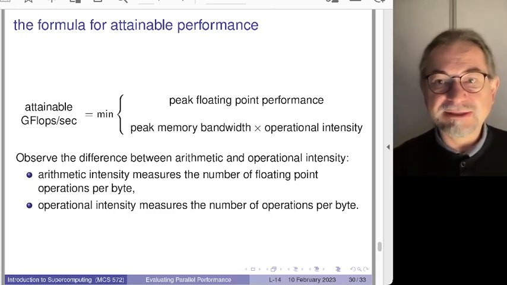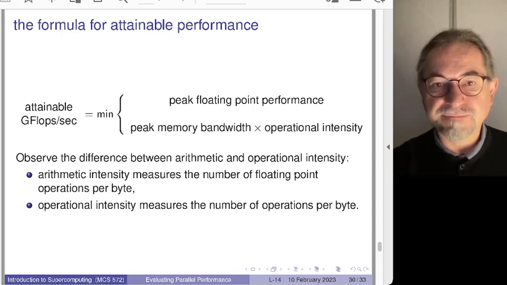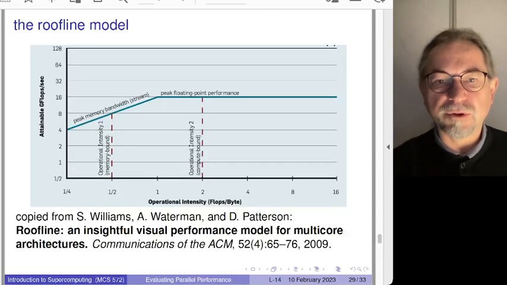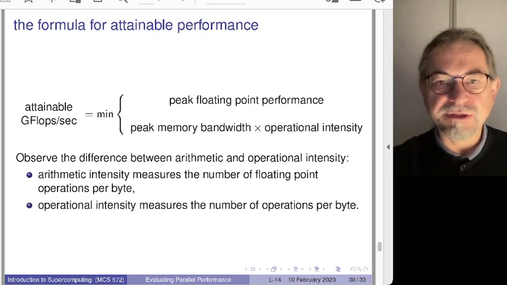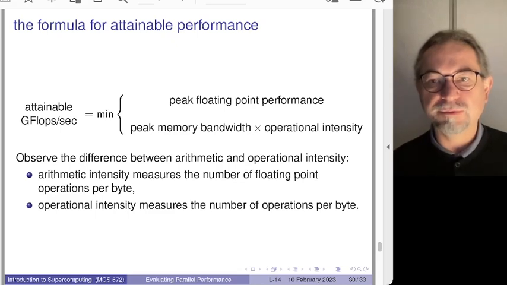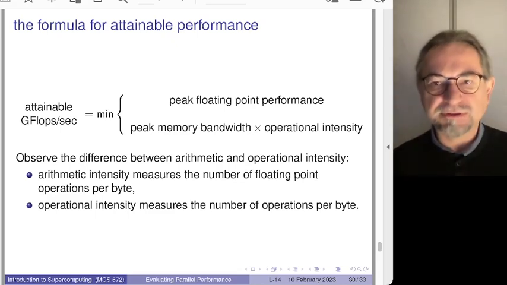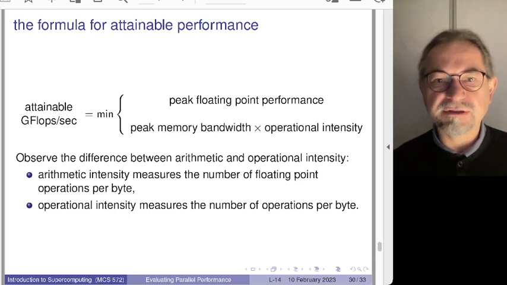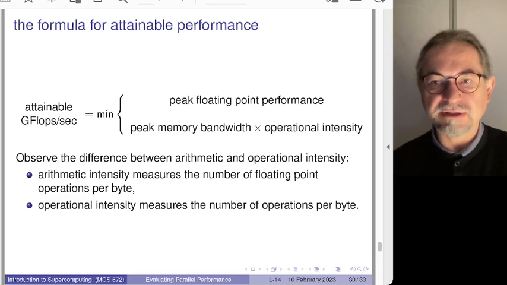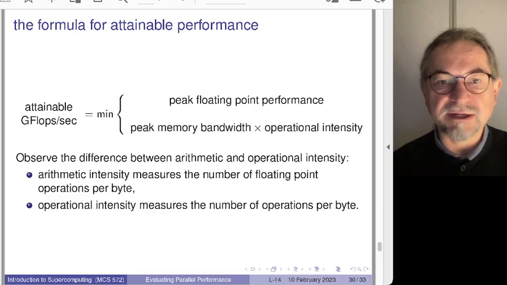Memory bandwidth is the number of bytes per second, and the operational intensity, and now I have to flip back here, is flops per byte. So you see that with the units, peak memory bandwidth is bytes per second, and the operational intensity is flops per byte. So the byte from the operational intensity in the denominator cancels out with the byte in the numerator of the peak memory bandwidth. So the units actually fit.